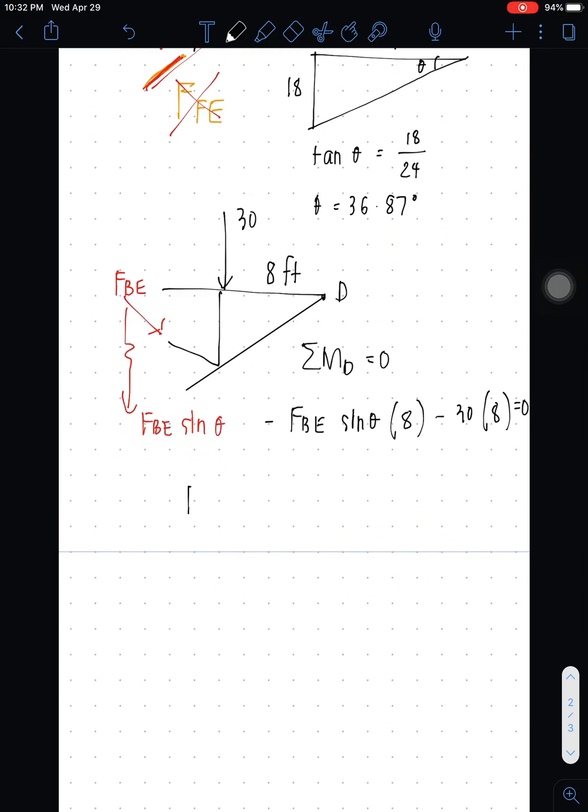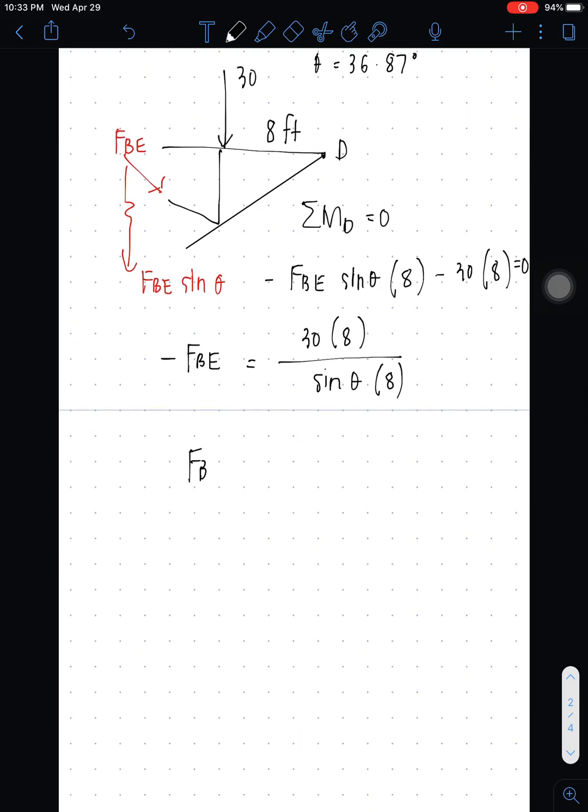So therefore our FBE is equal to, transposing to the other side, it becomes positive 30 times 8, over sine of theta times 8.